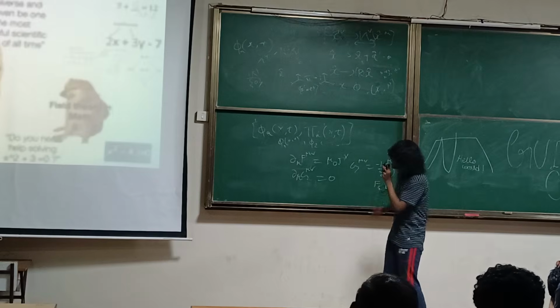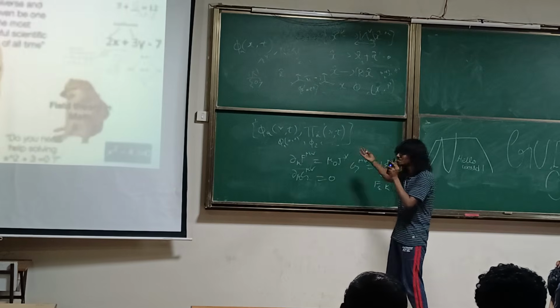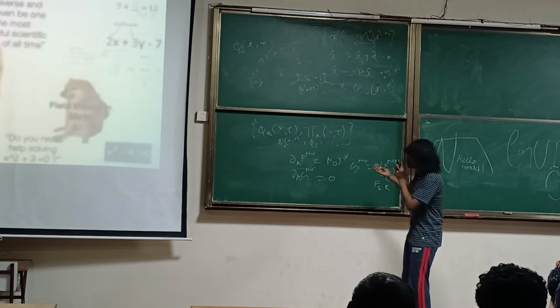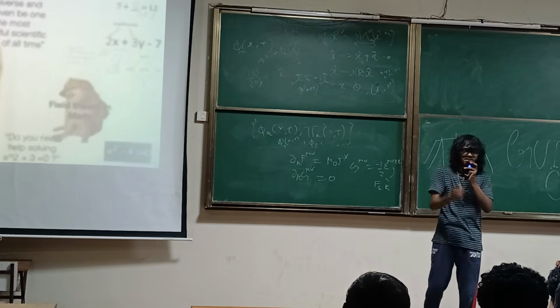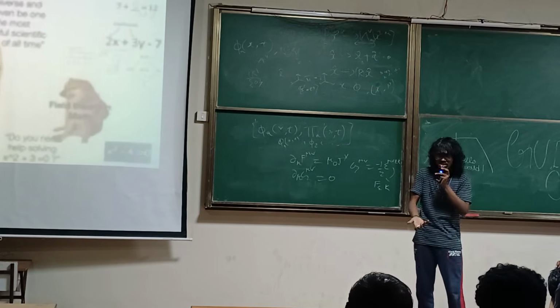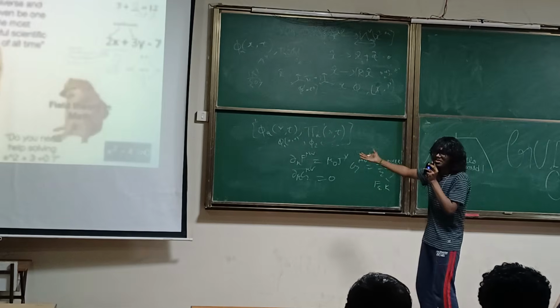What gibberish did I write? This gibberish is called Maxwell's equations. Now, people would most probably be familiar with the four sets of equations involving curl and divergence. This thing is a more compact form of writing it.